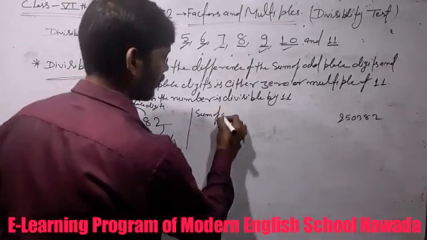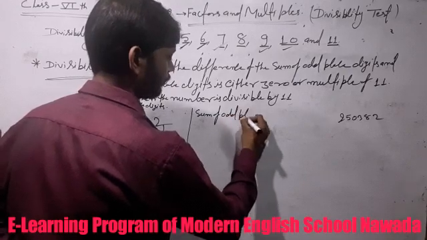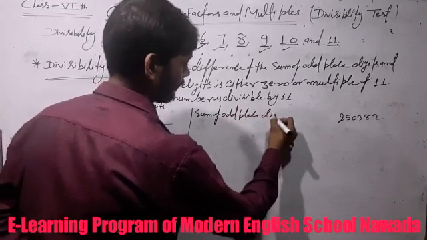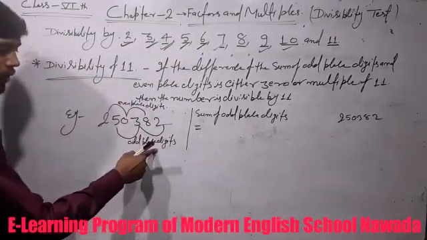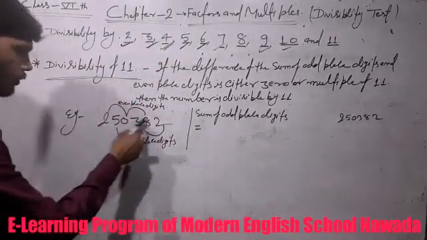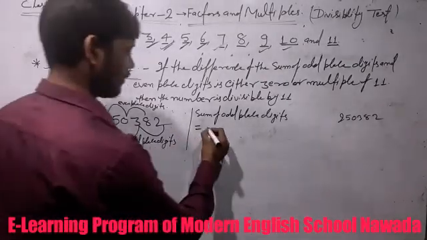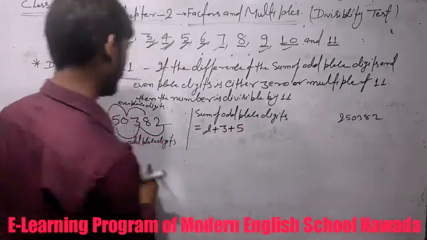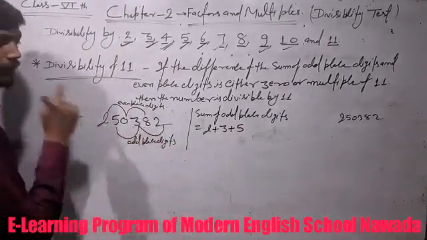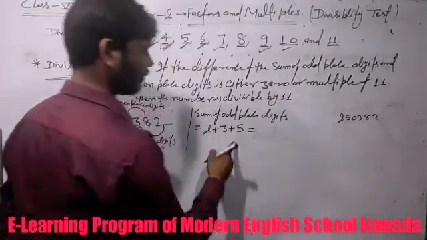Sum of odd place digits is equal to, here odd place digits 2, 3, 5. 2 plus 3 plus 5 is equal to 10.